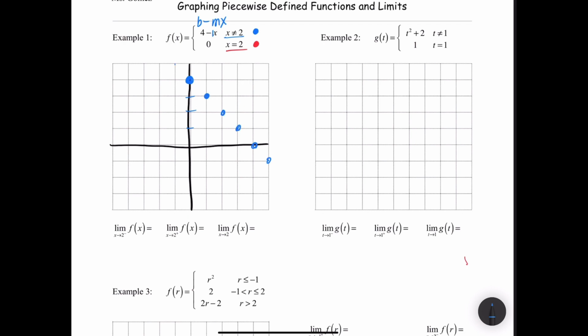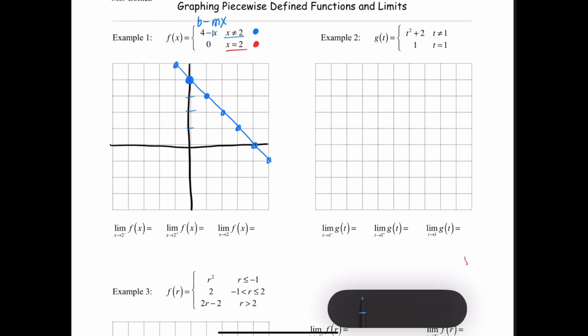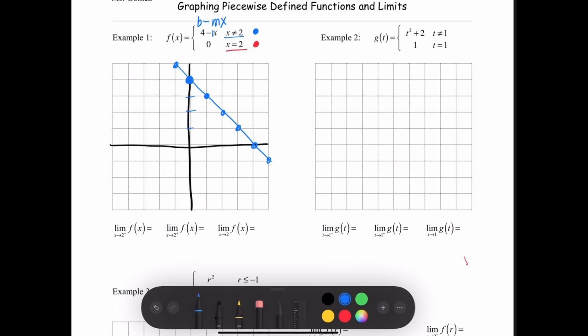Okay. Now this is going to be one piece of my function, except it tells me that the domain is all numbers except for 2. X cannot be equal to 2. So at x equals 2, I know that this is right here at x equals 2.